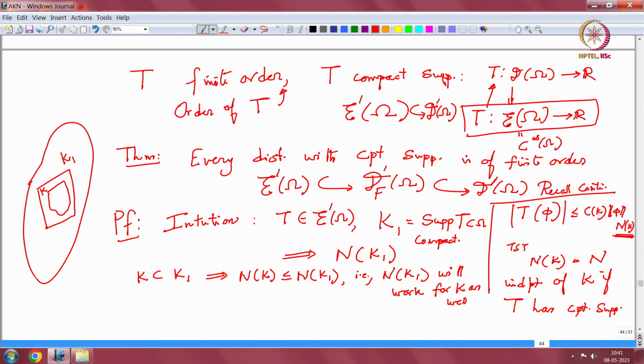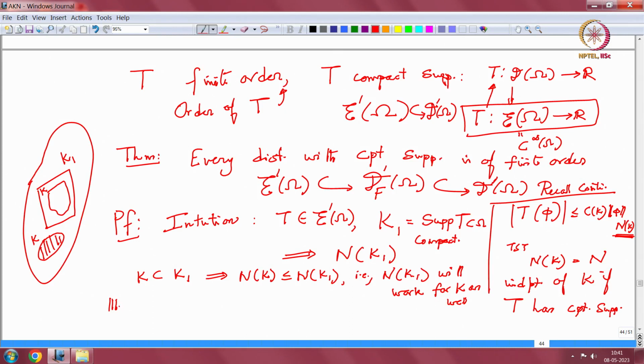Similarly, suppose K is outside a neighborhood of K1, then K is not near K1. That means for every phi supported in K, T phi will be 0.